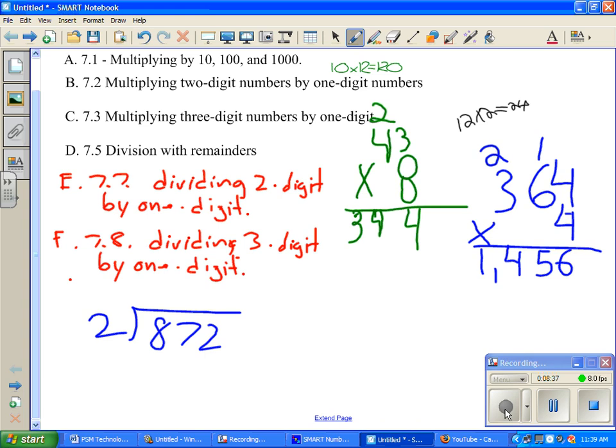So 2 goes into 8 4 times. 4 times 2 equals 8. 8 minus 8 equals 0. So you bring the 7 down, and then the 2 down, and then the answer is 436.